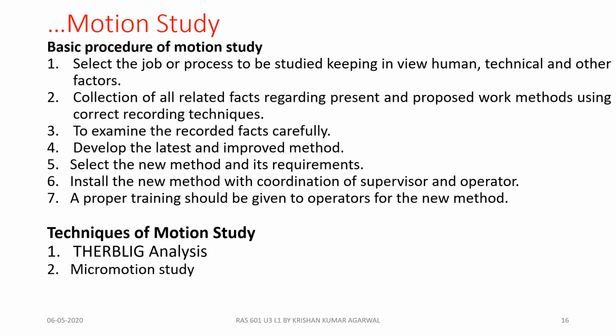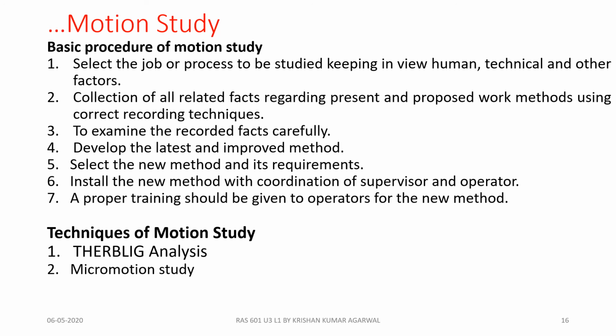The basic procedure to study the movement is first to select the job and collect the relevant data or facts about the job. The next step is to examine the recorded facts carefully in order to find out undue movement and undue material handling on the plant.